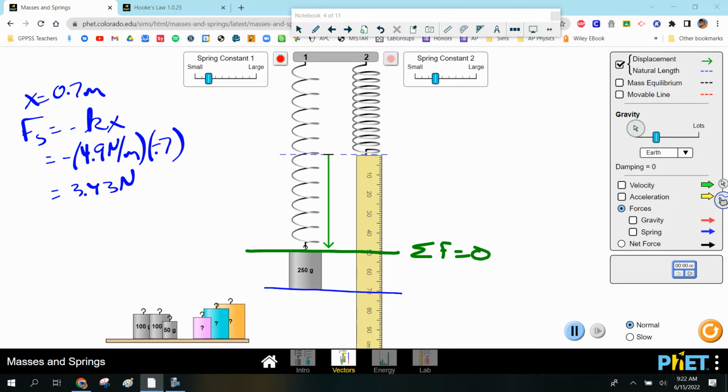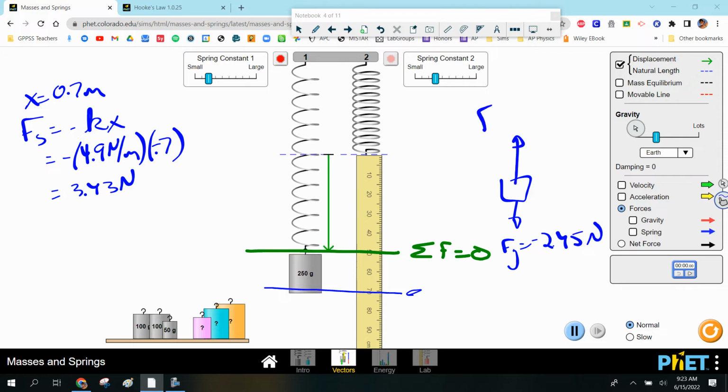Our force of gravity is still 2.45 newtons. Now my force of the spring is bigger, because I've stretched it farther, resulting in more force. If you go through and figure out your net force, it turns out to be 0.98 newtons upwards.